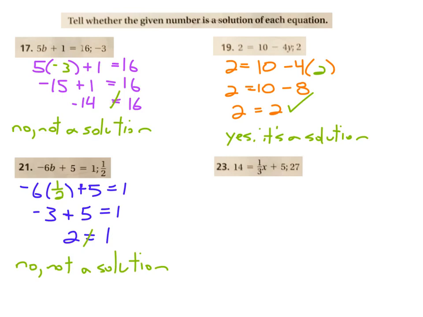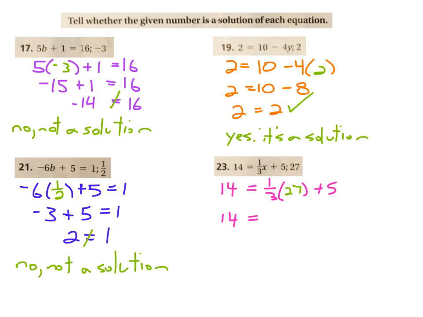And finally, number 23, 14 is equal to 1/3 of blank plus 5. What's that? 1/3 of what? They want us to use 27. Okay? And multiplying, say, what's 1/3 of 27?